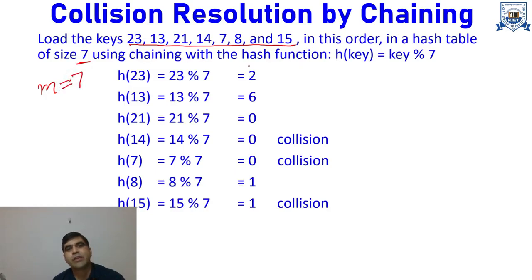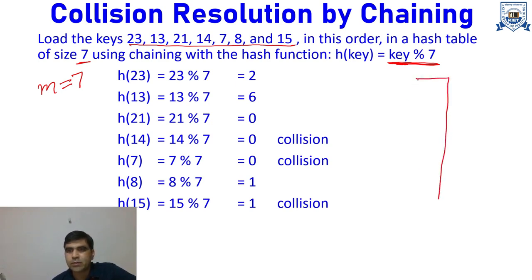Now, using chaining, the hash function is given. See, which hash function is this? The hash function is the modulo division method, where given a key, we simply divide it by m. M is the size of the table, and whatever remainder comes, we'll use that remainder as an index in the hash table, right?